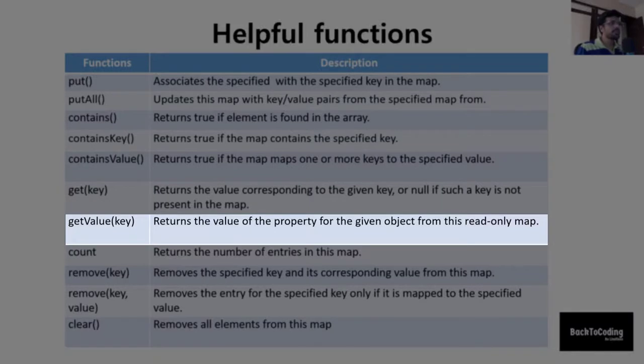The getValue function returns the value for the specified key, else it throws an exception if no key is found in the map.